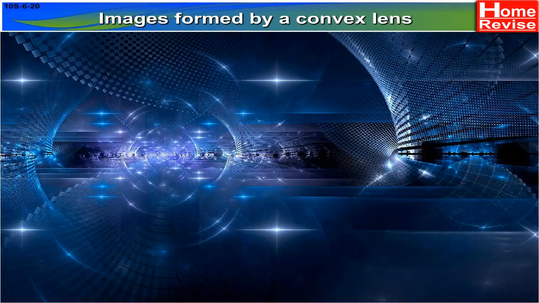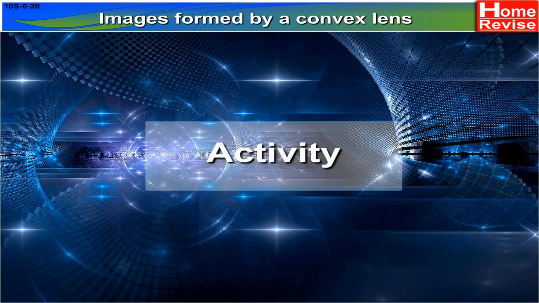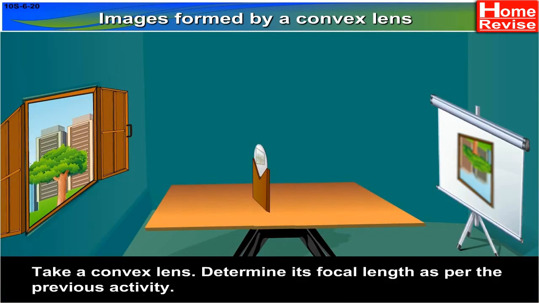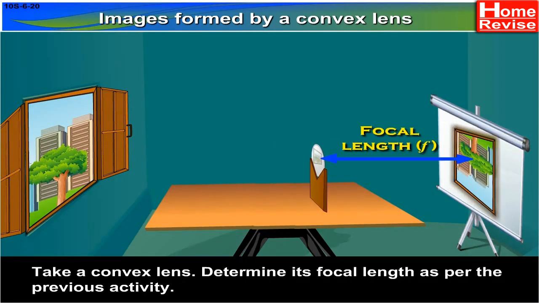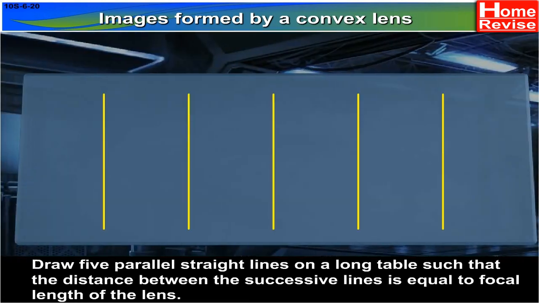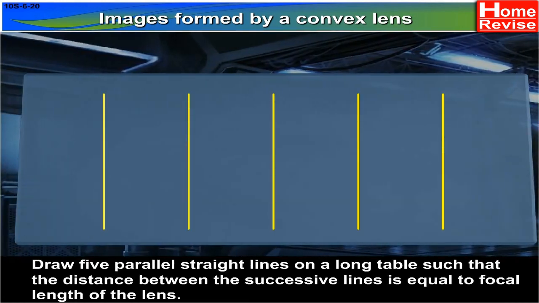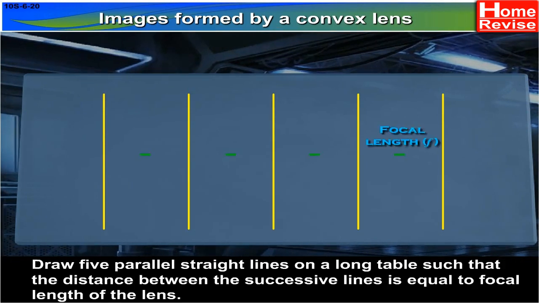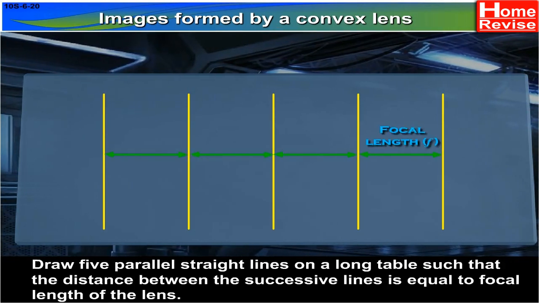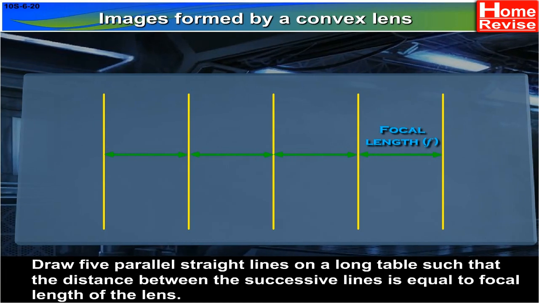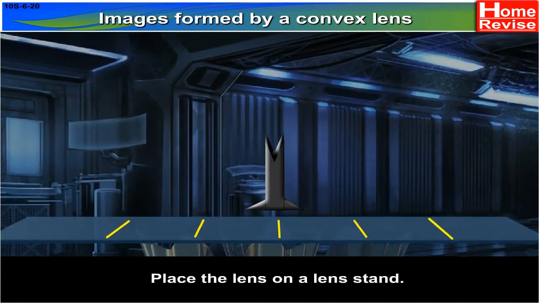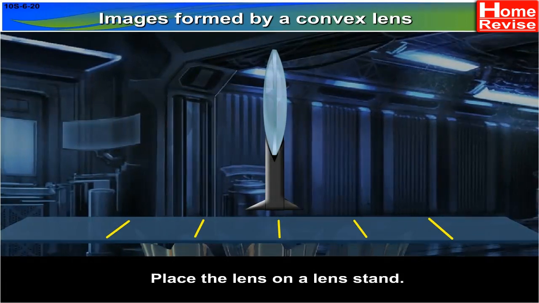Image formed by a convex lens. Activity. Take a convex lens. Determine its focal length as per the previous activity. Draw 5 parallel straight lines on a long table such that the distance between successive lines is equal to the focal length of the lens. Place the lens on a lens stand.